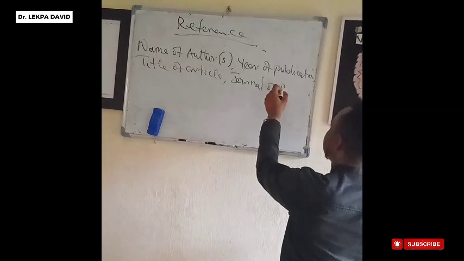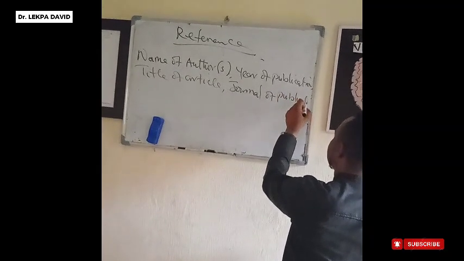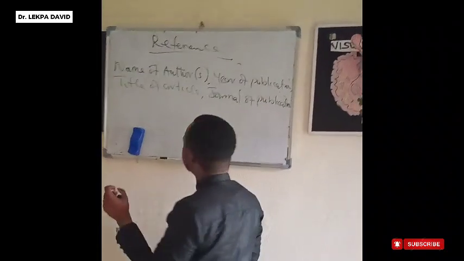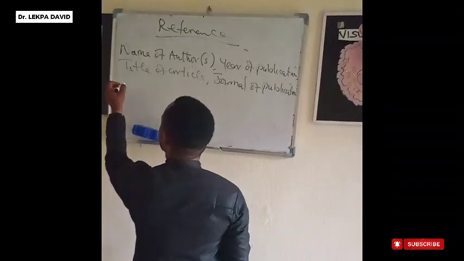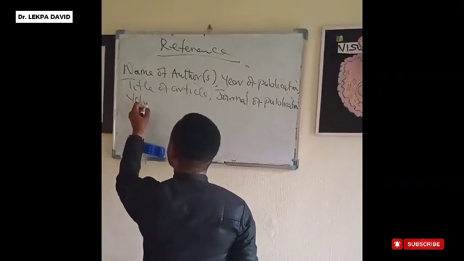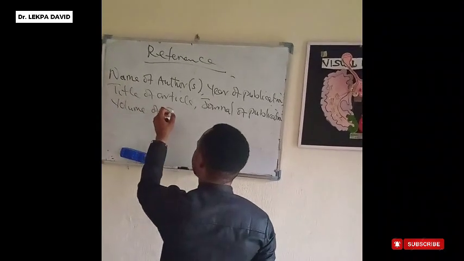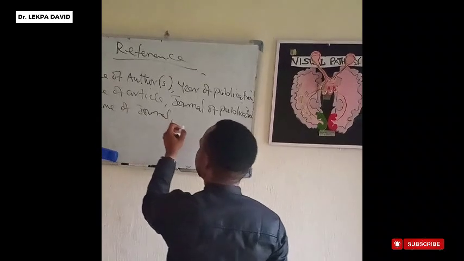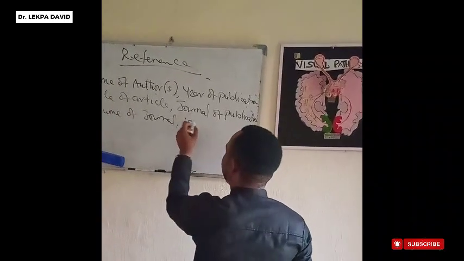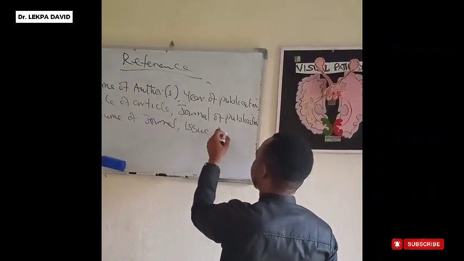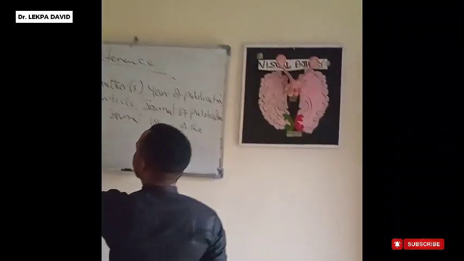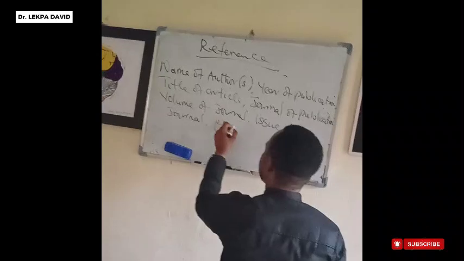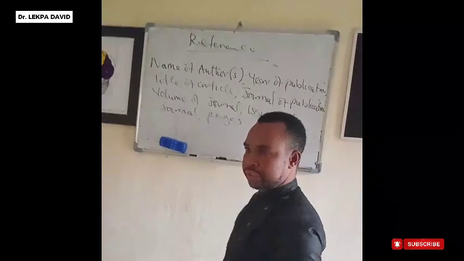Journal of publication. Then the volume of the journal. Then the issue. I will explain what this means. And then the pages where it was taken from.